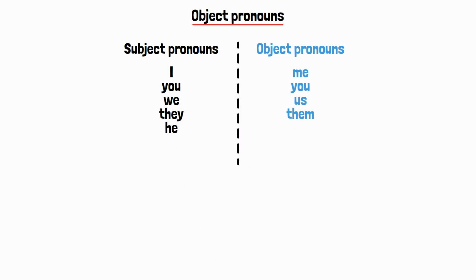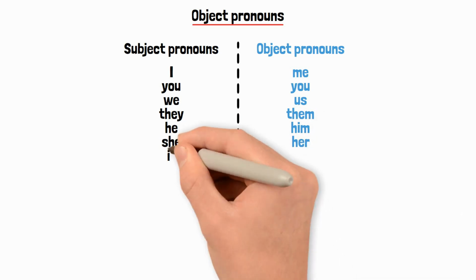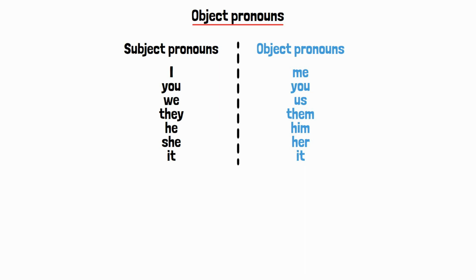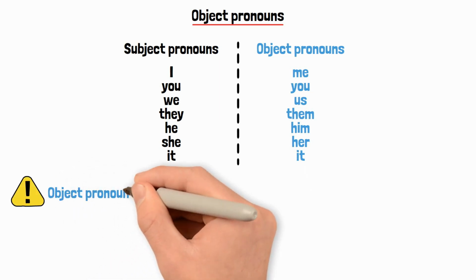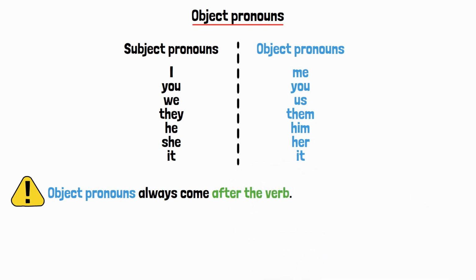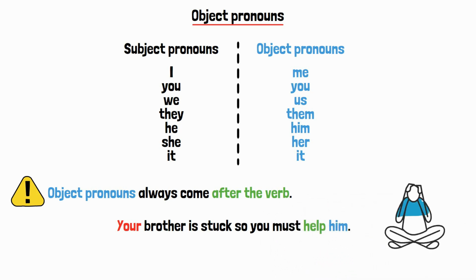He becomes him. She becomes her. And it stays it. Object pronouns always come after the verb. For example, your brother is stuck, so you must help him.